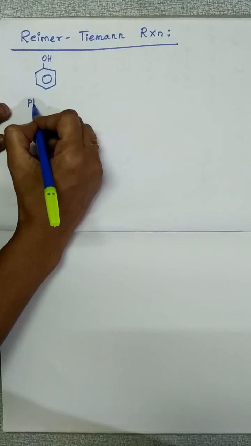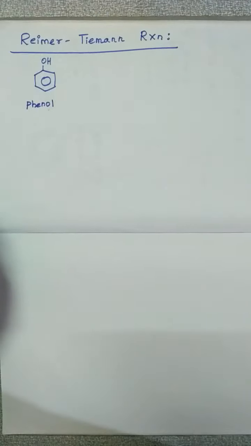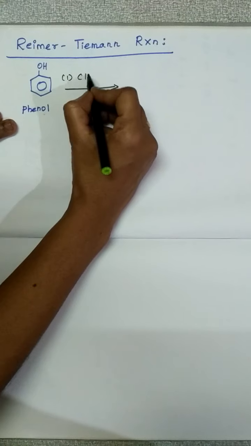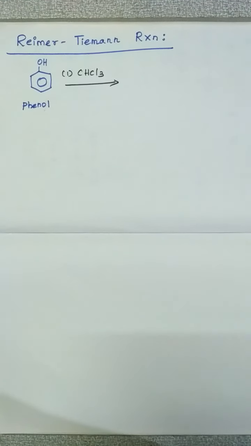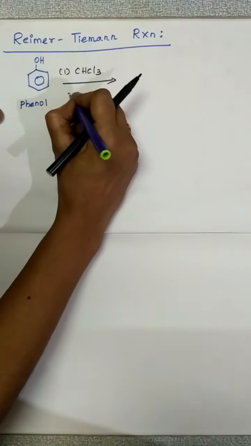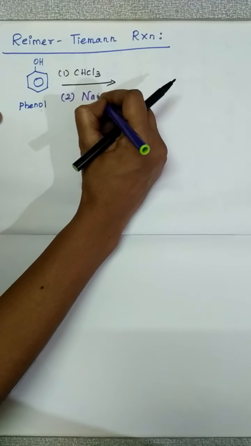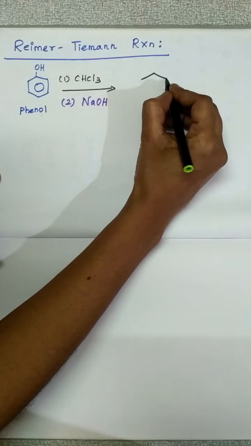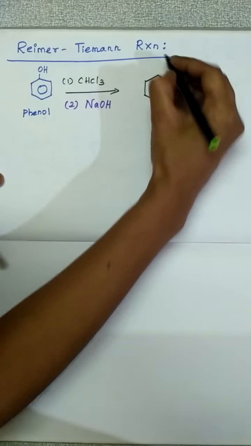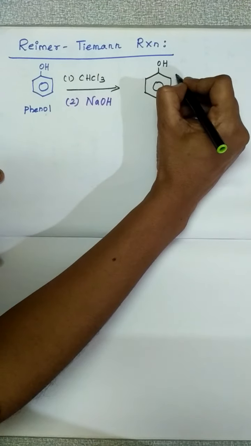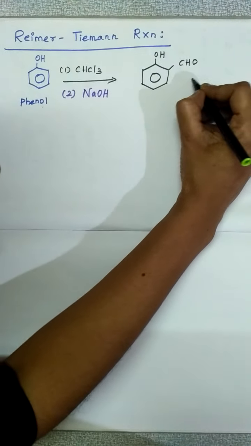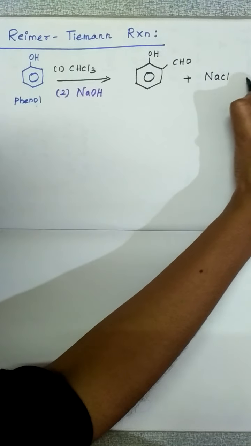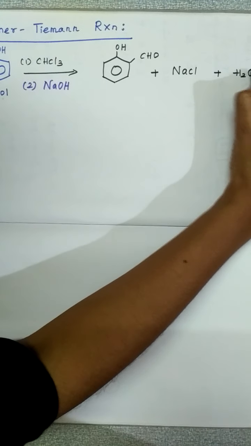Here, phenol in the presence of chloroform and sodium hydroxide, the product formed is salicylaldehyde, along with NaCl and H2O.